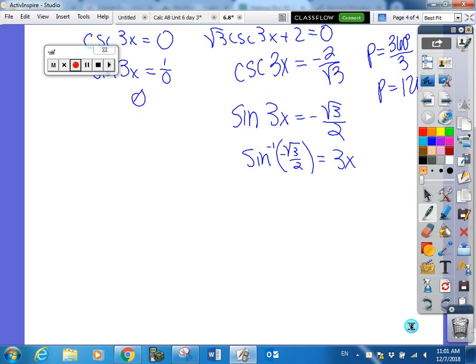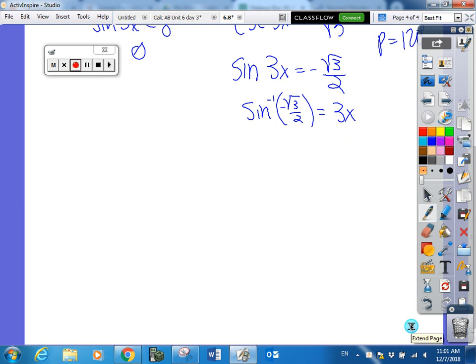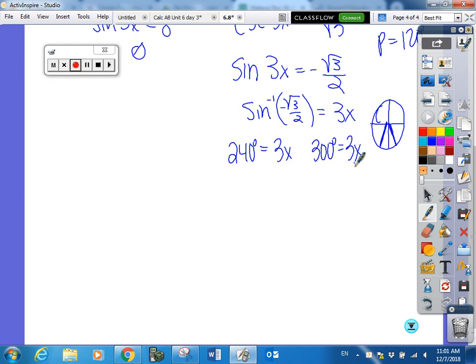And so we're looking for where does y, there's two places. Where does y equal negative root 3 over 2? That's going to be down here at 240 and at 300. So we have 240 degrees equals 3x and 300 degrees equals 3x.